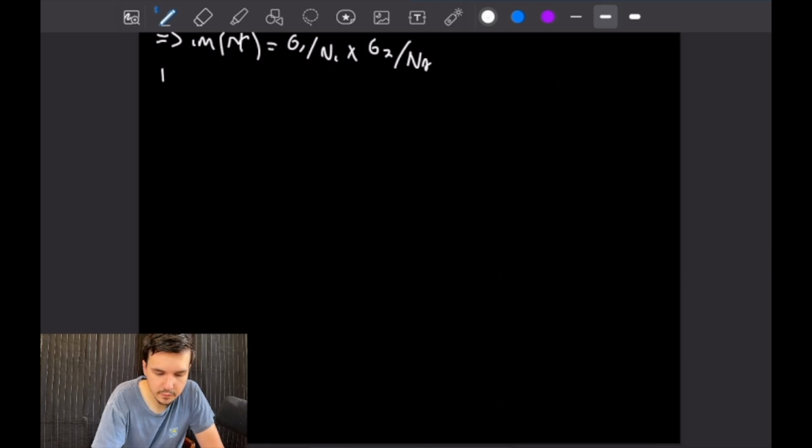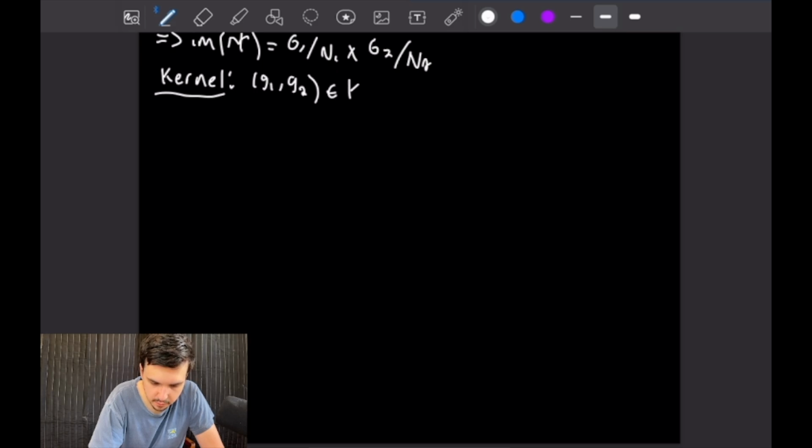Like I said, we want to look at the kernel of our function here. So let's consider an arbitrary element of our kernel. Let's consider the ordered pair g1, g2, which is in the kernel of our function, which we've defined to be psi. Great. Well, what does it mean to be in the kernel of psi?